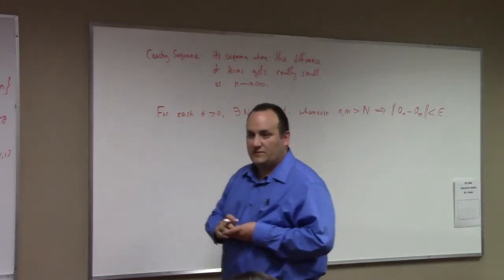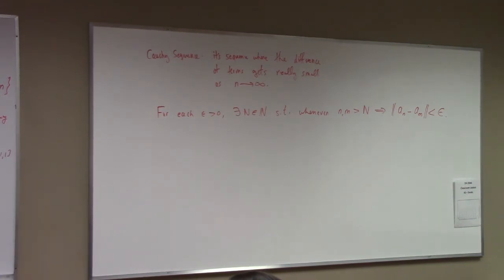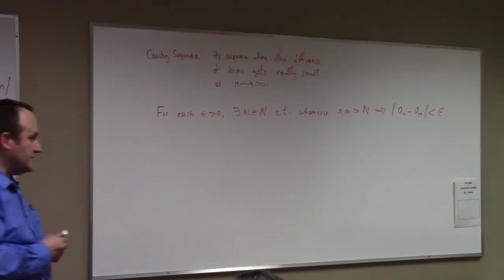This is the definition of a Cauchy sequence. A space is said to be complete if every Cauchy sequence converges.